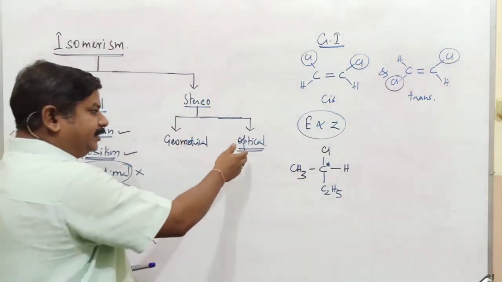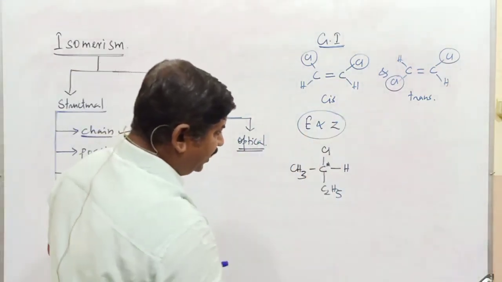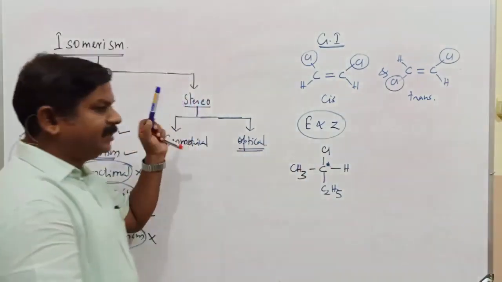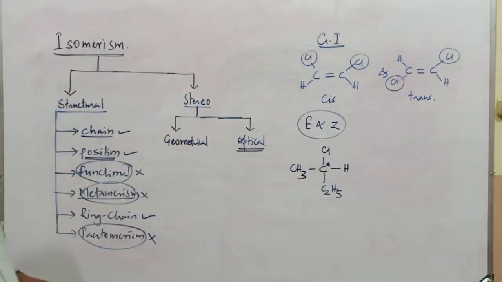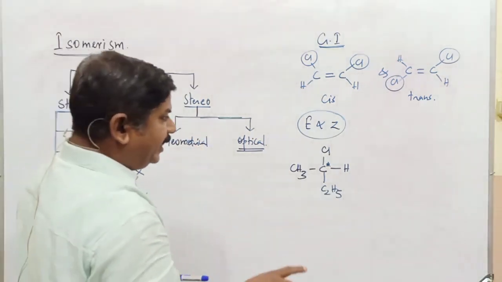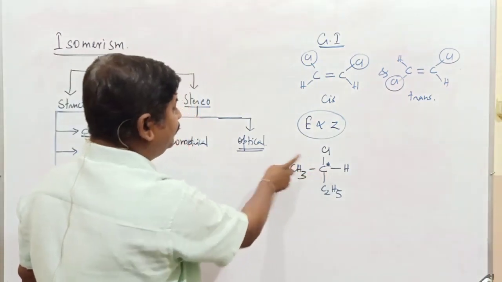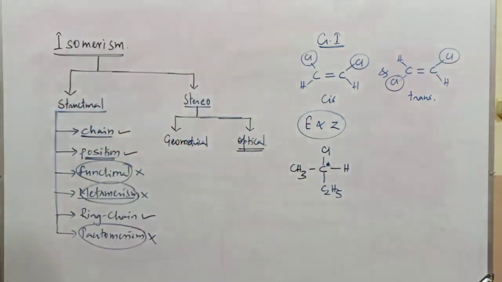In optical isomerism you have different types: D isomer, L isomer, and you will even come across R and S configuration. So all compounds having a chiral carbon atom can exhibit optical isomerism.